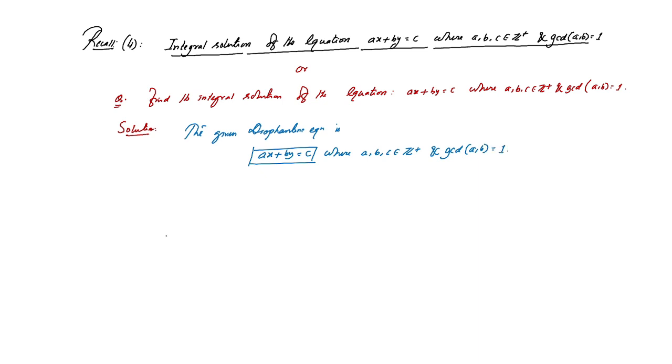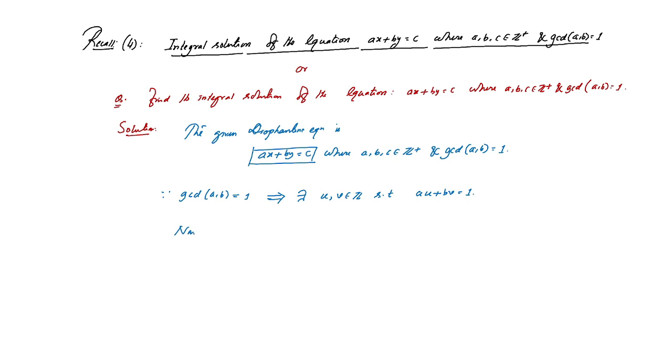Okay, so start: since GCD of a, b equals 1, there exist integers u, v belonging to Z such that au plus bv equals 1.